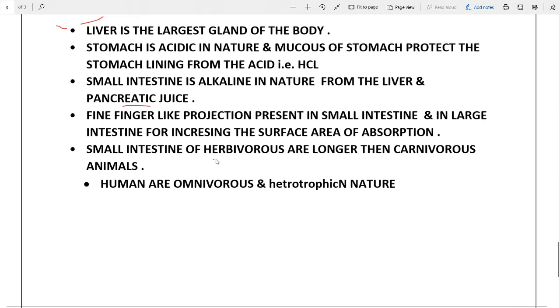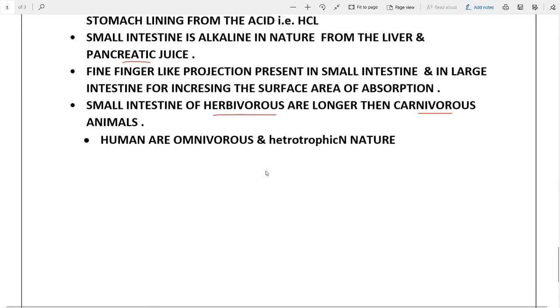Means if it is a herbivorous organism, its small intestine will be longer in size than the carnivorous. If it is a carnivorous animal, then the animal will have a small intestine of moderate size. But if it is herbivorous, eating plant food, then the small intestine will be longer in size.